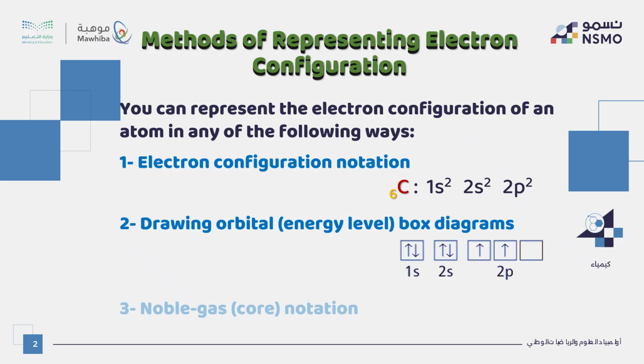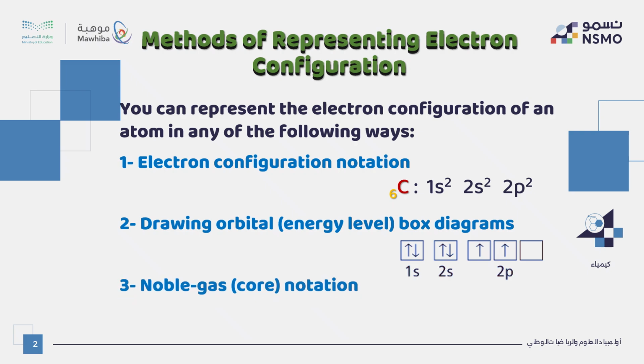Method 3, noble gas or core notation. The third method is noble gas notation, also called core notation. In this method, we replace the inner electrons with the symbol of the nearest noble gas that comes before the element.